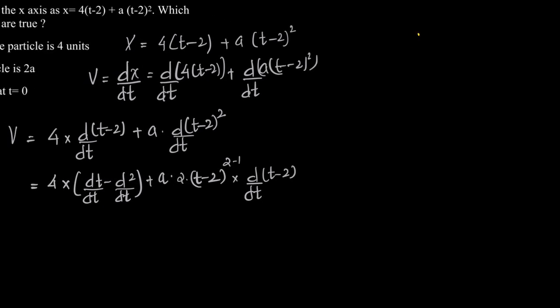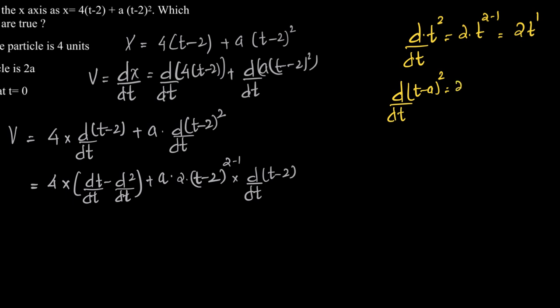See, d by dt of t square is 2 into t into 2 minus 1, which is equal to 2 into t raised to 1. Now d by dt of t minus a the whole square will be equal to 2 into t minus a the whole raised to 2 minus 1 into d by dt of t minus a.